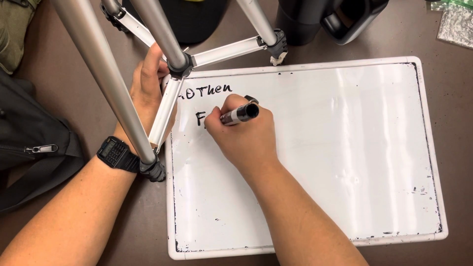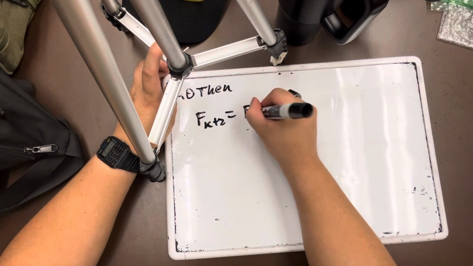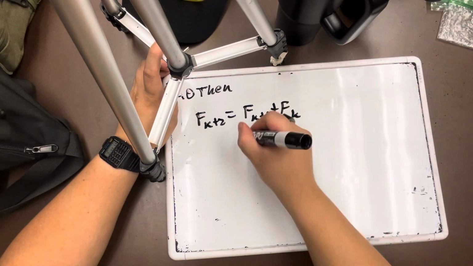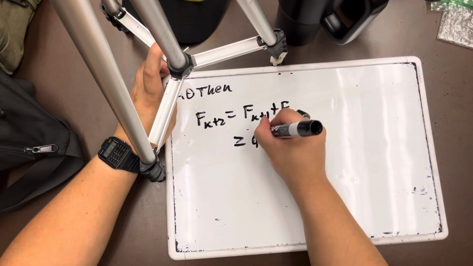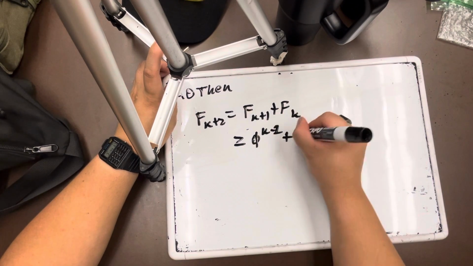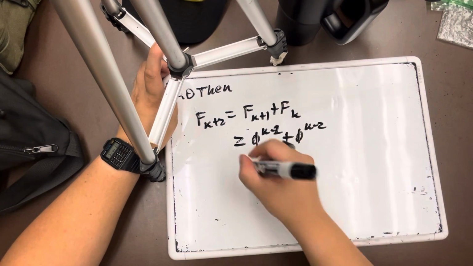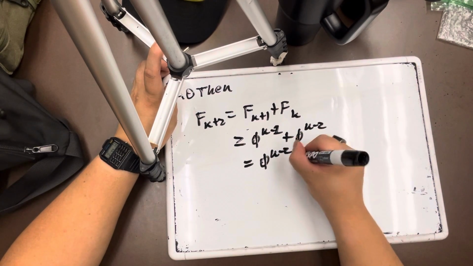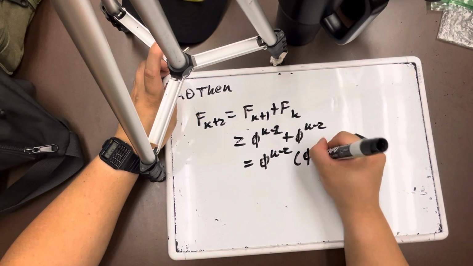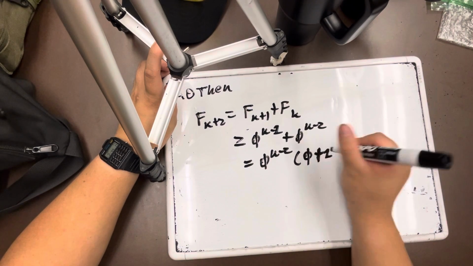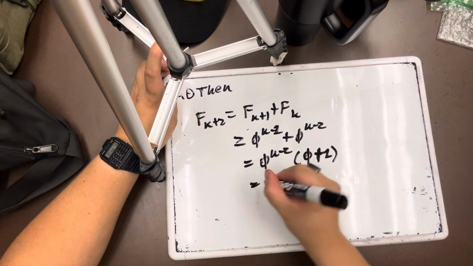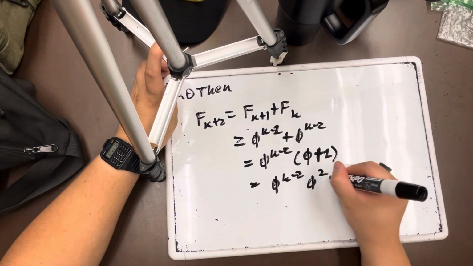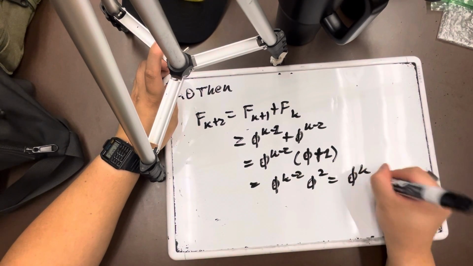f sub k plus 2 is equal to f sub k plus 1 plus f sub k, and this is in fact greater than or equal to phi to the k minus 1 plus phi to the k minus 2, and this is actually equal to phi to the k minus 2 times open parentheses phi plus 1 close parentheses, which is equal to phi to the k minus 2 times phi squared, which is equal to phi to the power k.